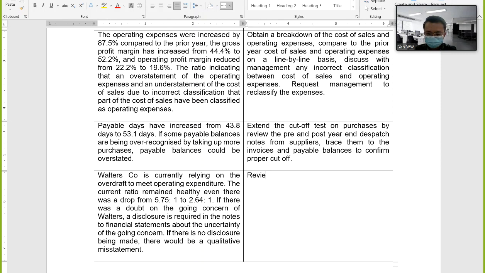So I will review the post year end renewal of the overdraft facility. Maybe after year end they have successfully renewed it, then going concern wouldn't be an issue.